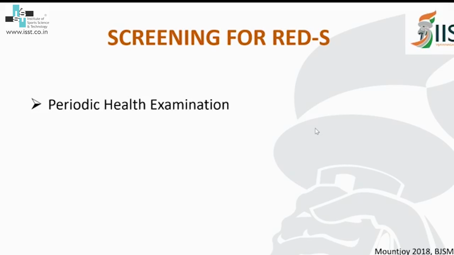So not only the complete blood count, but also liver profile, kidney profile, a thorough examination of the athlete, including a consultation by a sports physician, a stress ECG, a resting ECG, echocardiography, maybe even a pulmonary function test. So a thorough screening of the athlete's health in a timely manner.